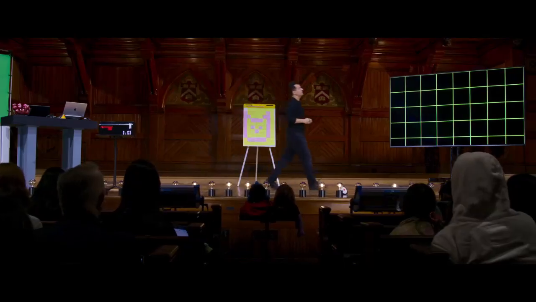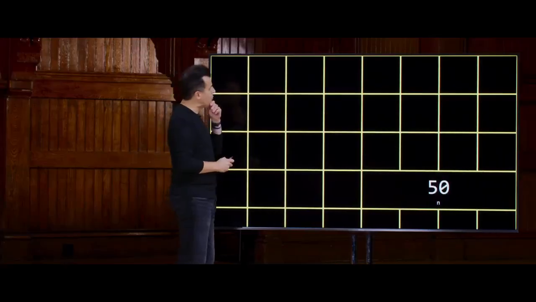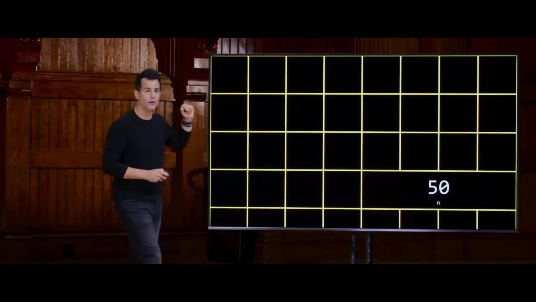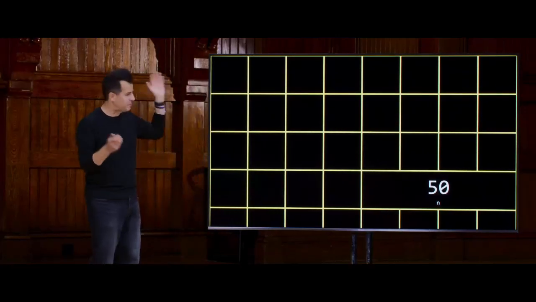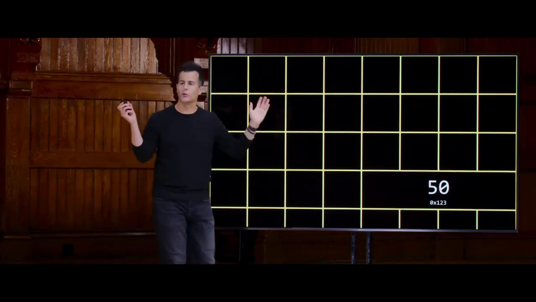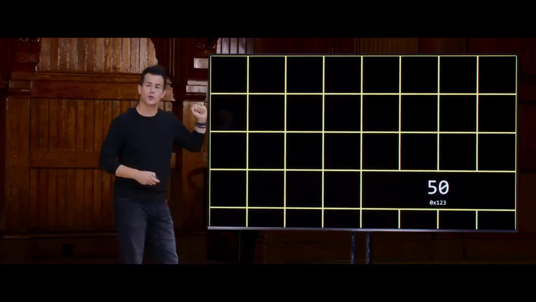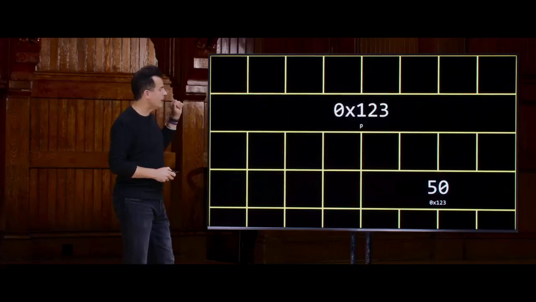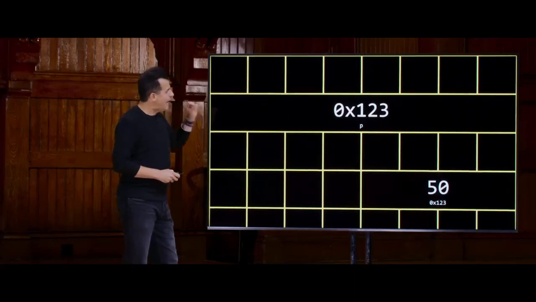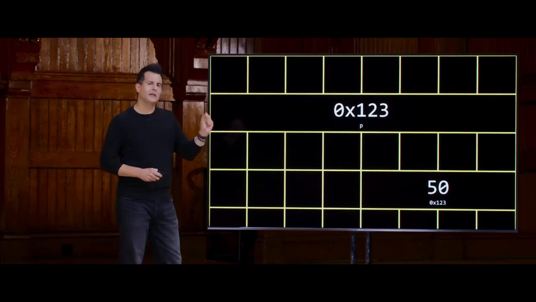So here now is my canvas of memory. And let me propose that the number 50 happen to get stored in the variable n down there at bottom right, just because. And that's probably 0x123, or in reality, a much larger address. But it's easier and quicker for us to just pretend it's at 0x123. So what is actually happening in code when I declare p and put a value there?